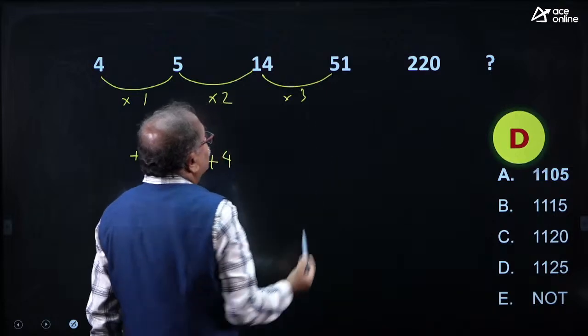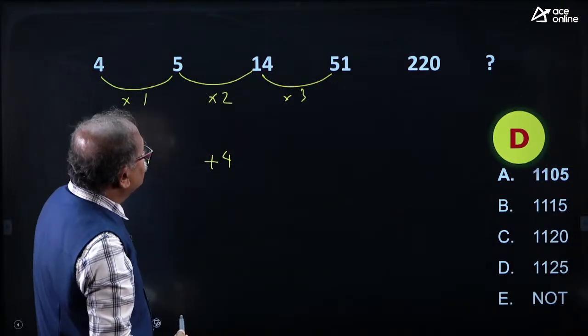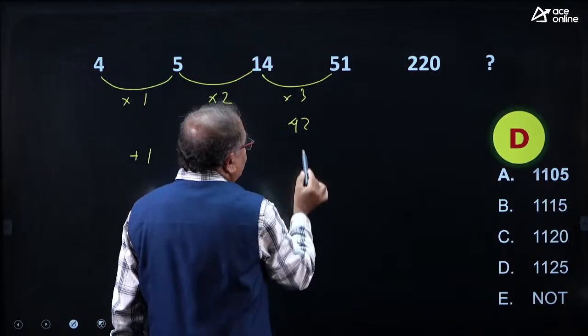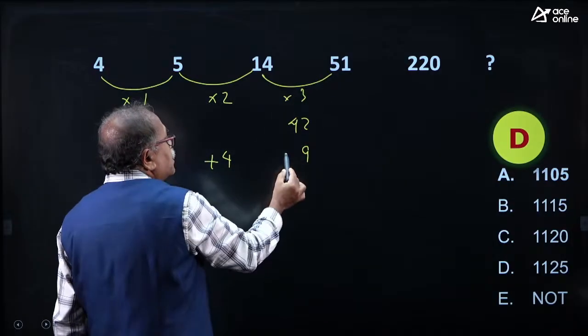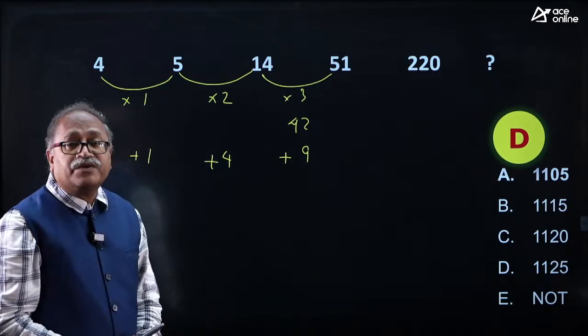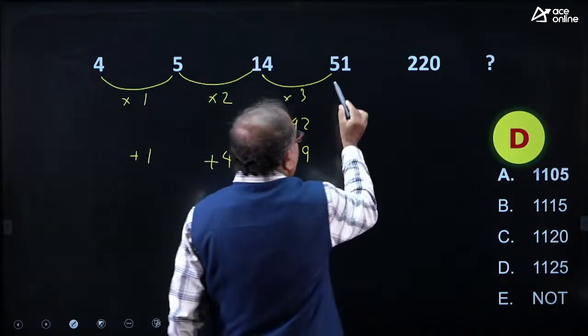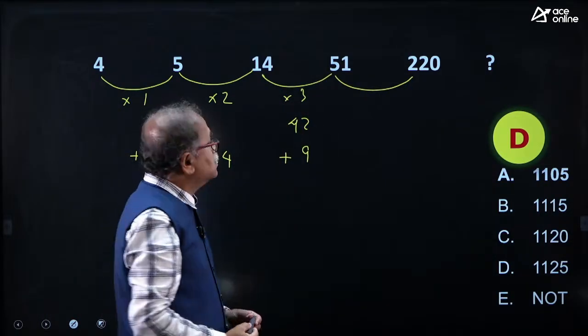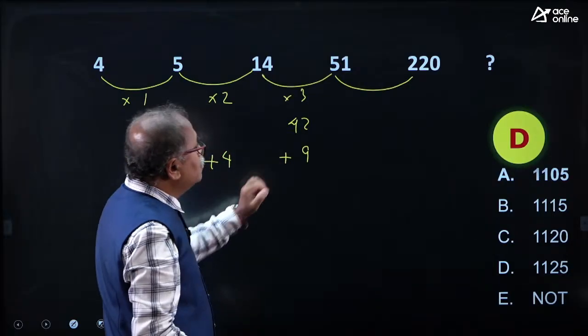14 3 is nothing but 14 3, that comes 42, and 3 square is 9. So, 42 plus 9 is 51. So, the same way you can skip this number verification and directly go to the answer, because we already got the clue over here.